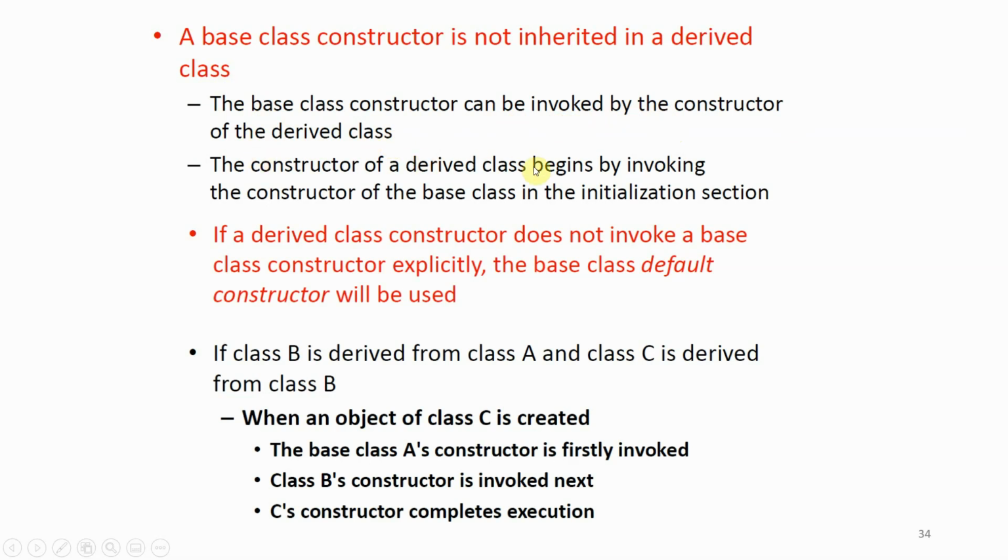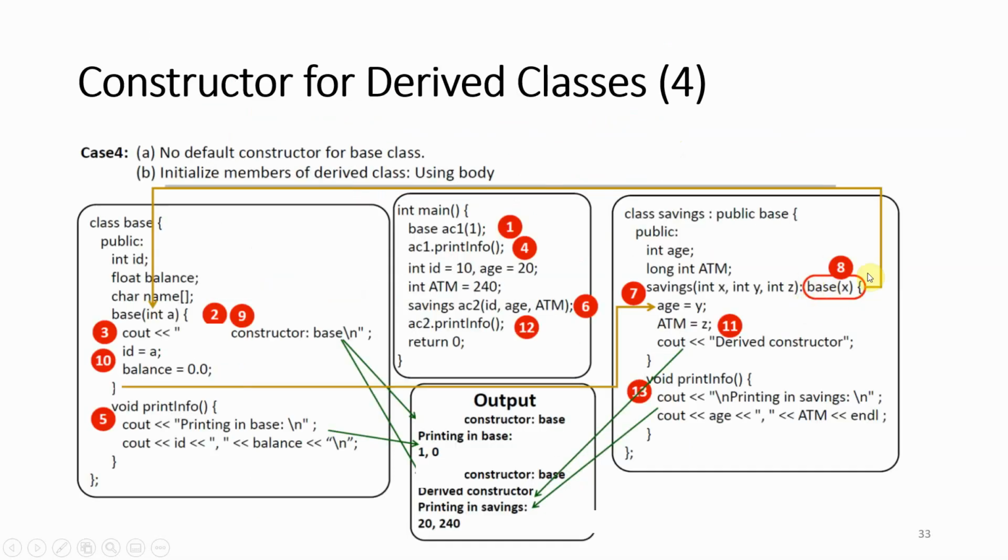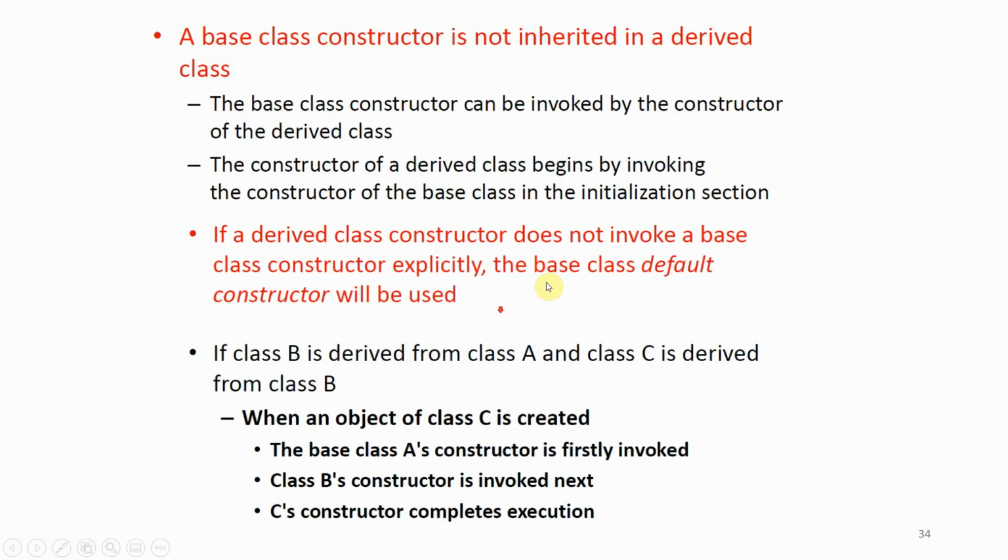The constructor of a derived class begins by invoking the constructor of the base class in the initialization section. If a derived class constructor does not invoke a base class constructor explicitly, so if we don't do that in the initialization list ourselves, the base class default constructor will be used.